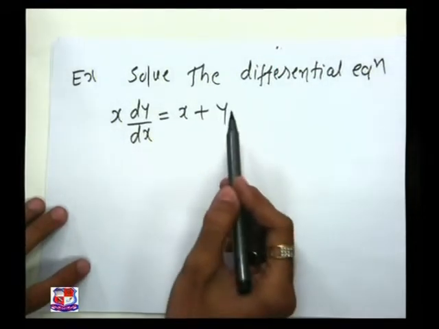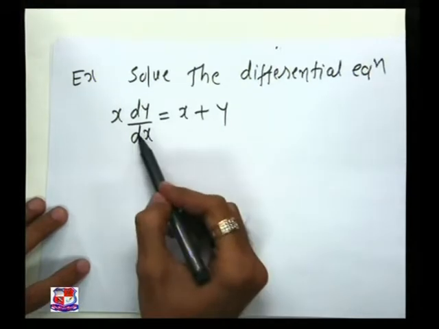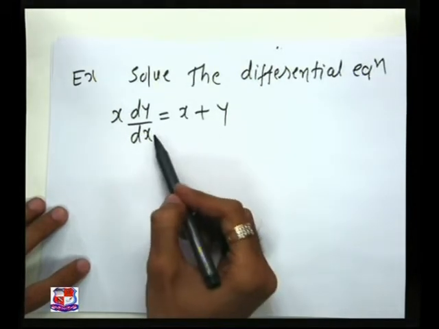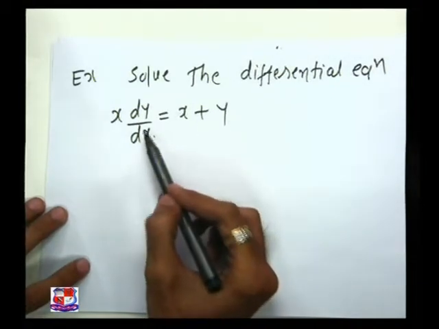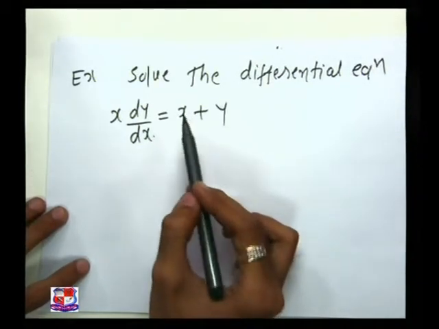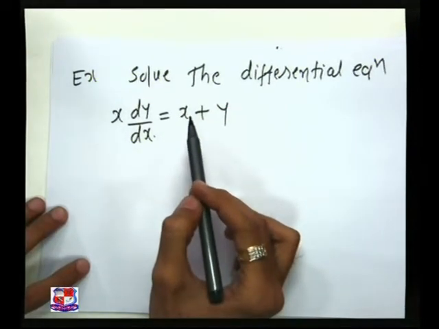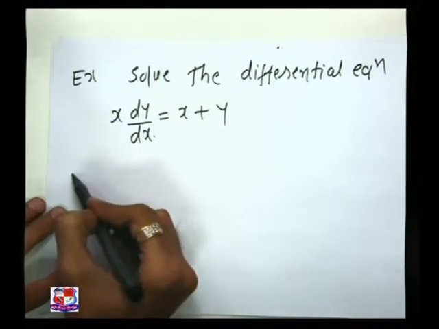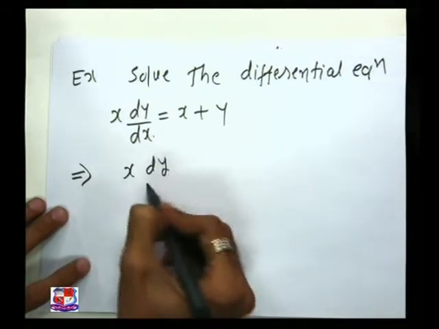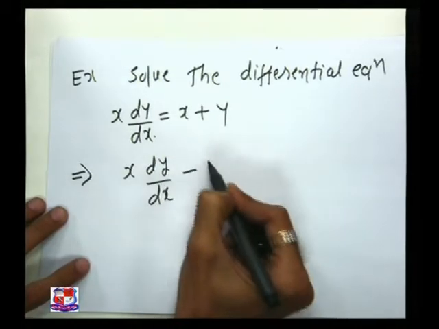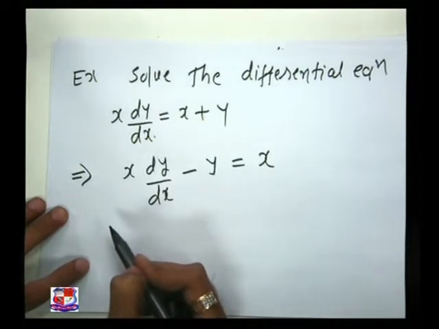So here y, which is dependent variable. So here y and dy by dx both are in the first degree and they are not in the multiplication. That means the given equation is linear differential equation. So now we will try to convert this equation in the general format. So I will take x into dy by dx minus y is equal to x.